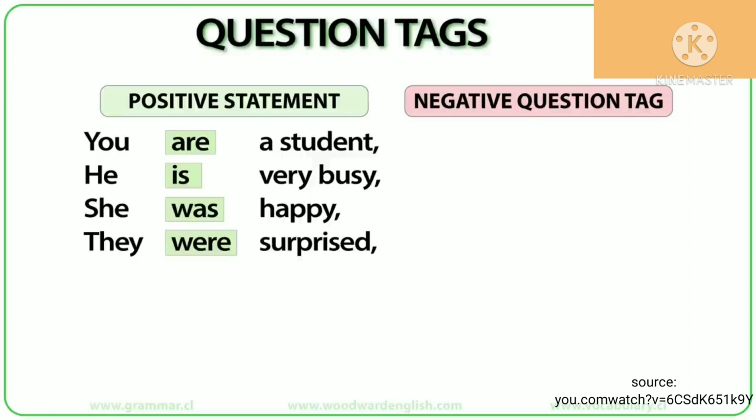Can you tell us what the negative question tag would be for each one? If the verb to be in the statement is in the present tense, then it also needs to be in the present tense in the question tag. Also, if the verb to be in the statement is in the past tense, then it also needs to be in the past tense in the question tag.